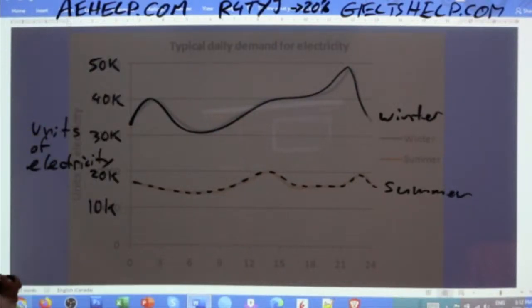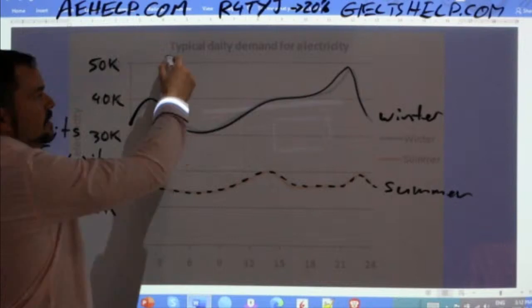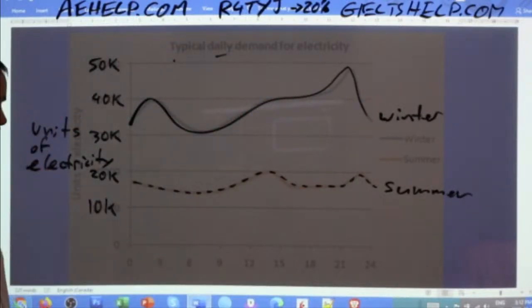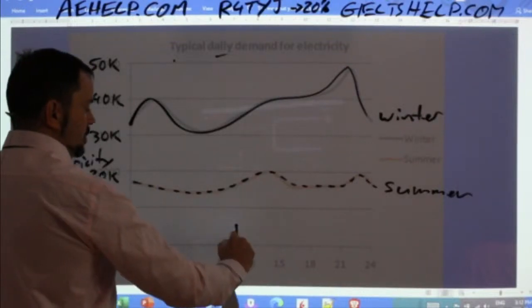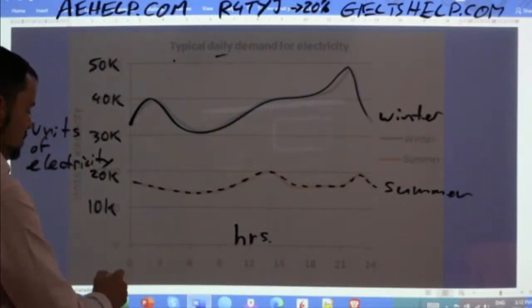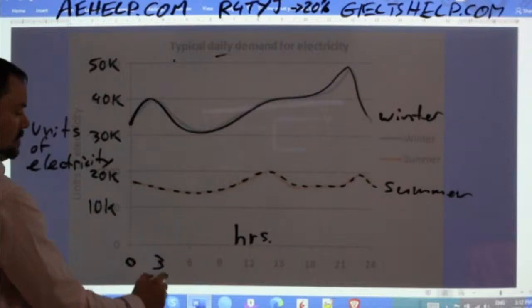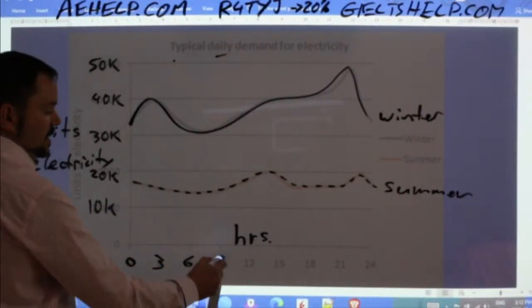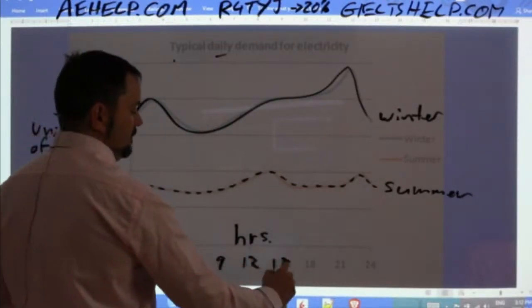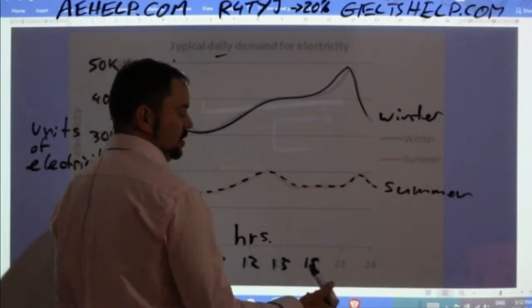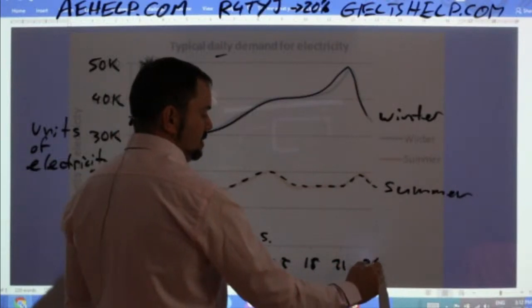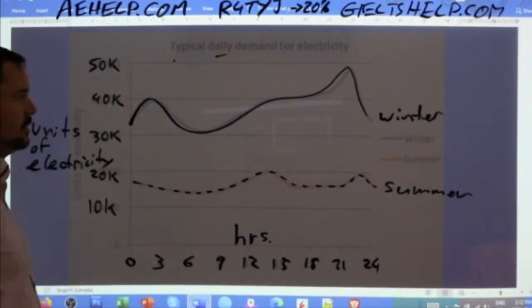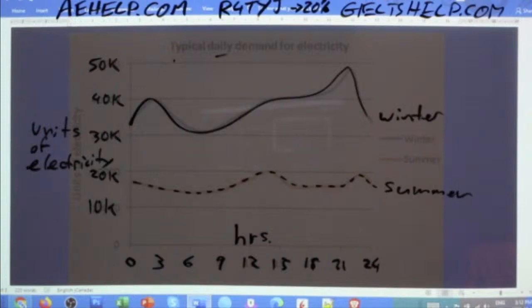Here it just says typical demand for electricity. And underneath, you have the hours of the day: 0 o'clock, 3 o'clock, 6, 9, 12, 15, 18 o'clock. You'll also hear 1800 hours, 2100 hours, and then midnight, 2400 hours. So that's what that graph looks like.